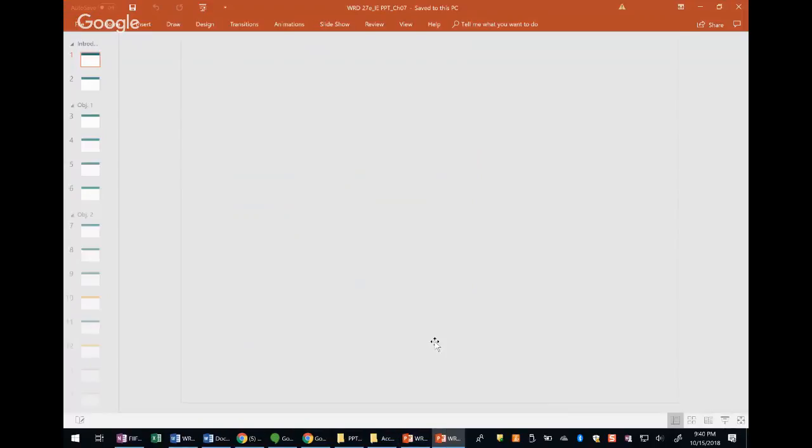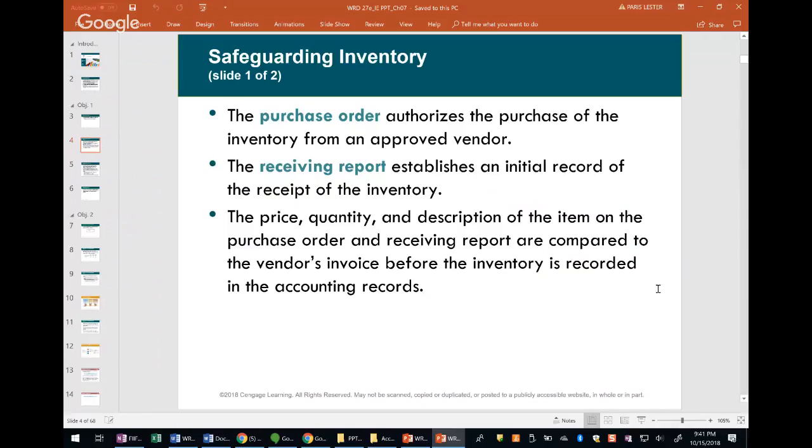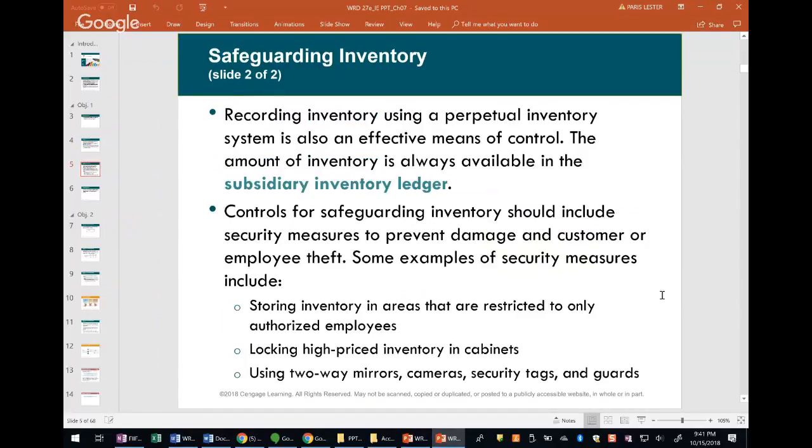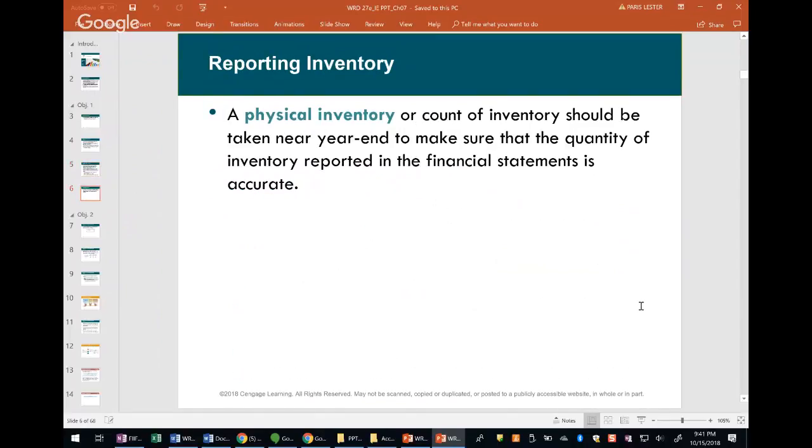This chapter we'll need to practice and practice. We know what a physical inventory is.